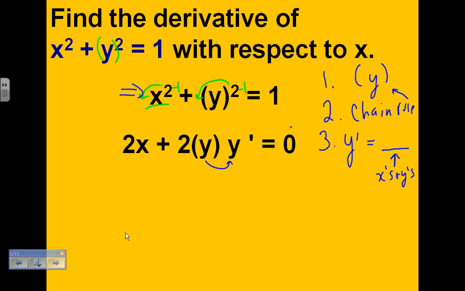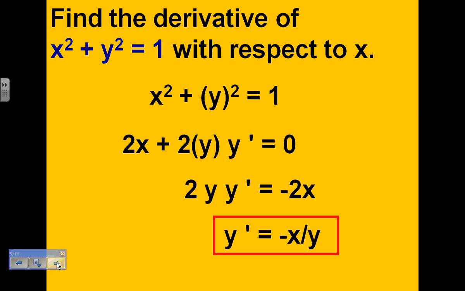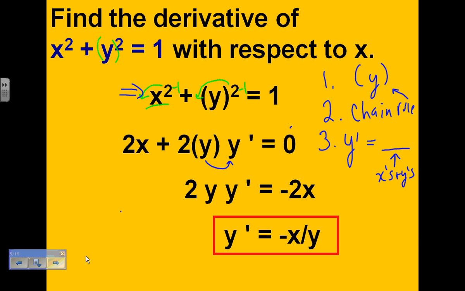All right? Sounds good. So, with that said, you finish this problem off. You subtract the 2x to the other side and divide, and that is your derivative for x squared plus y squared equals 1.